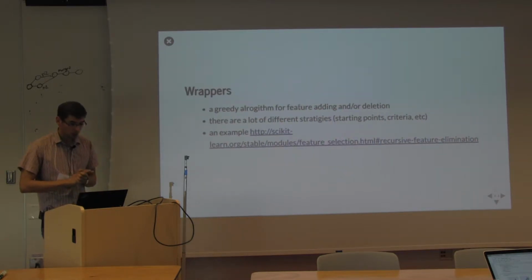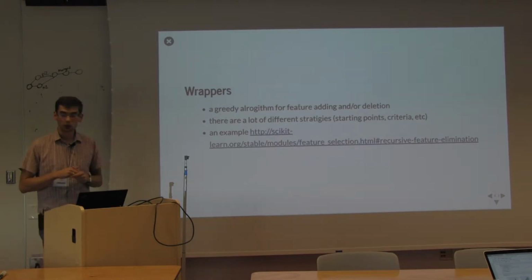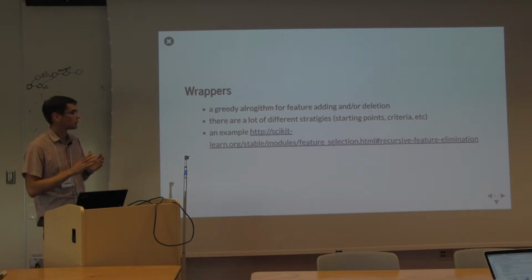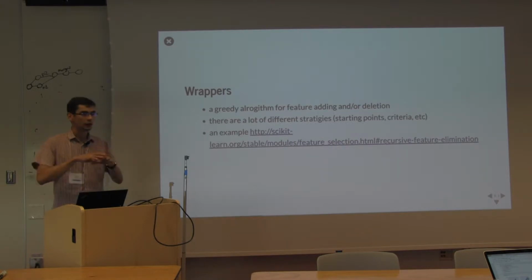So let's go to another class of methods which can be used for such problems. It's so-called wrappers. The idea is again pretty simple. We can start with a whole set of features and then drop irrelevant features one by one.